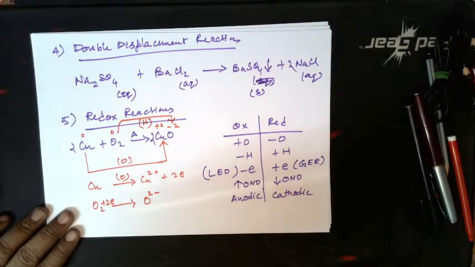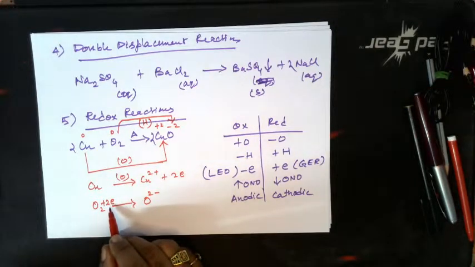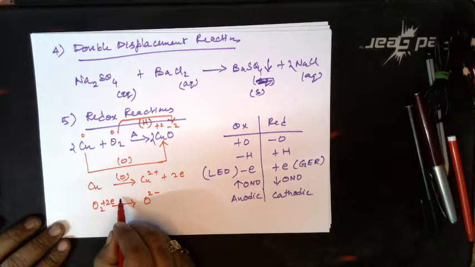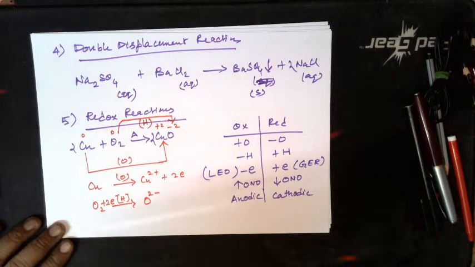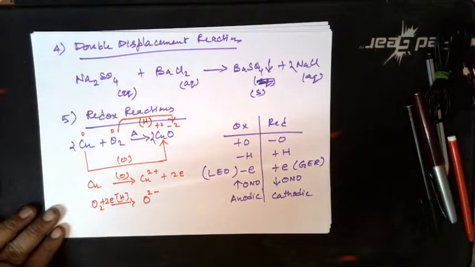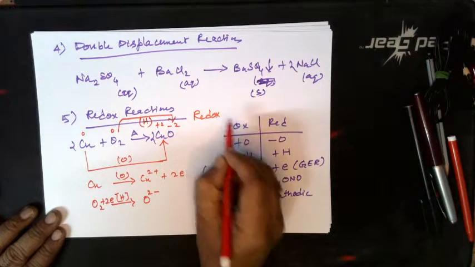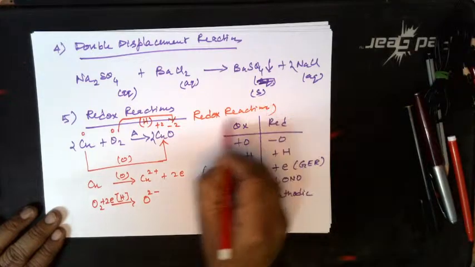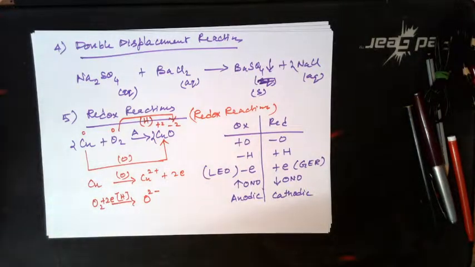Is that clear? So now we have 2 electrons, so 2 minus. This is addition of electrons, so it is reduction. So since they involve both, they are called redox reactions. Do you understand? Okay. So you must be able to identify the reaction, whether it is redox reaction or not.